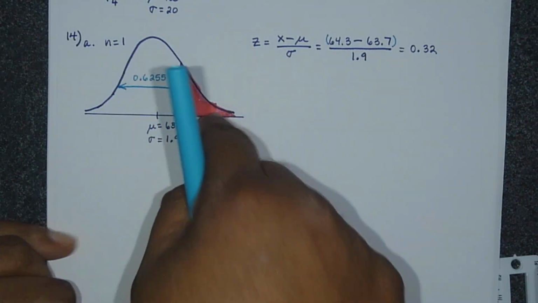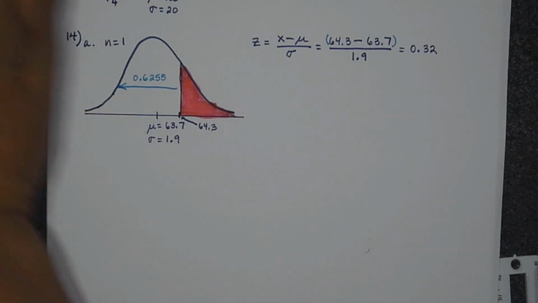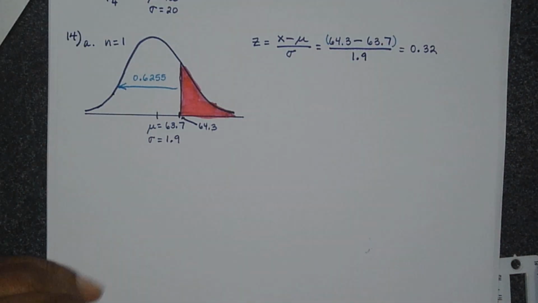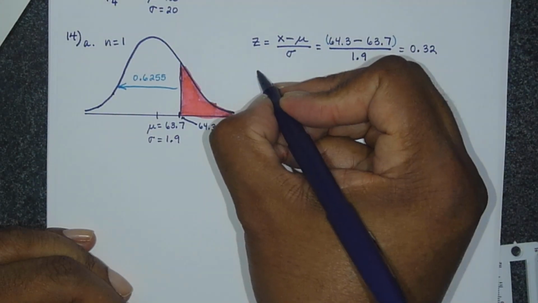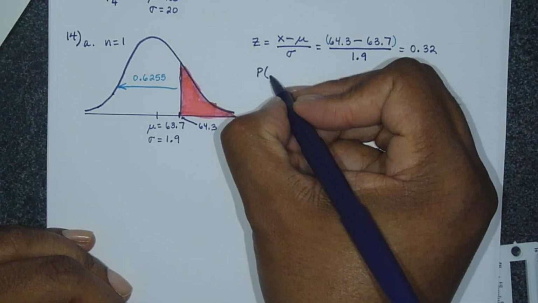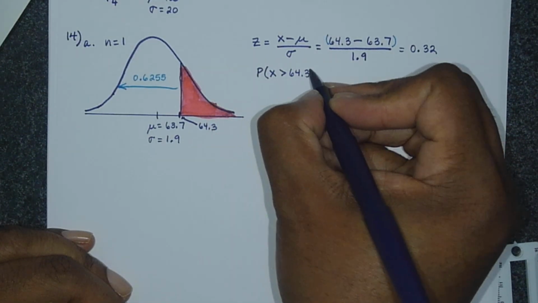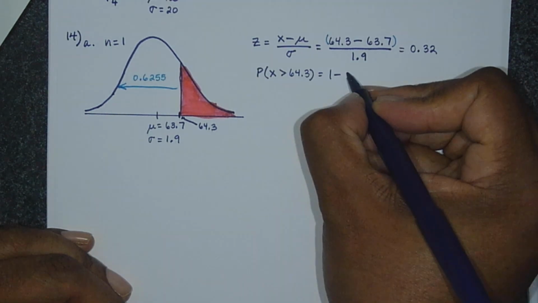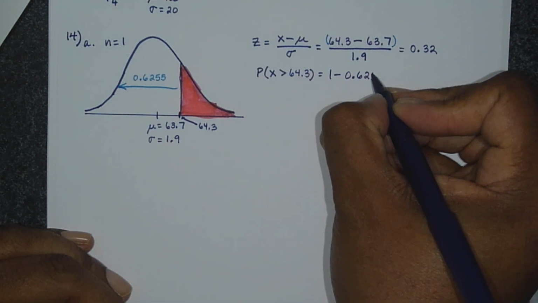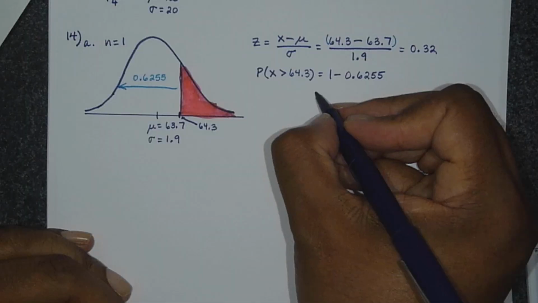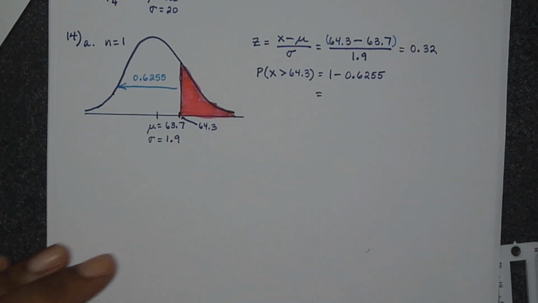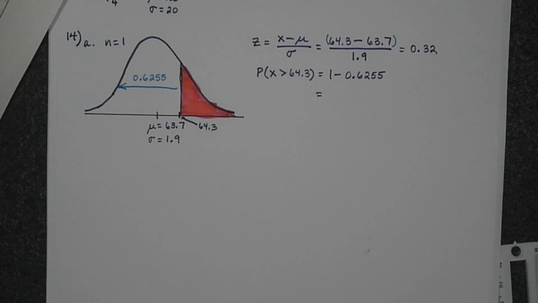We want this shaded area to the right. So if we want the probability that some x is greater than 64.3, I need to do 1 minus 0.6255. And what's 1 minus 0.6255? 0.3745.